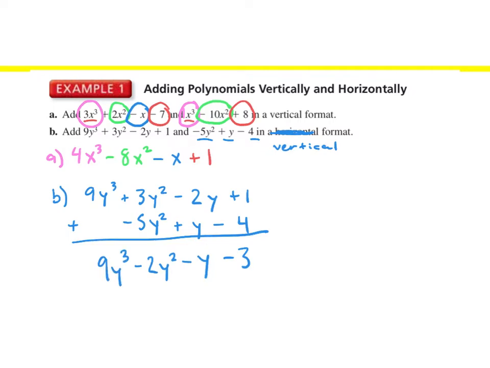So our answer would be this. So vertical format is just putting our two equations on top of each other, making sure our terms are lined up, and then just adding the two together. Same way as adding it horizontally and just combining our like terms.